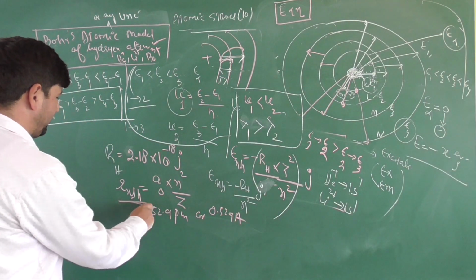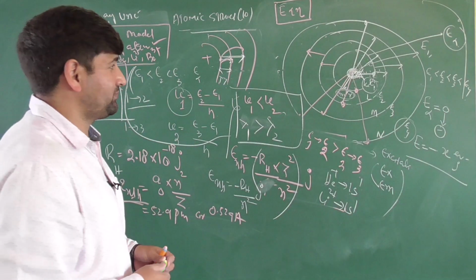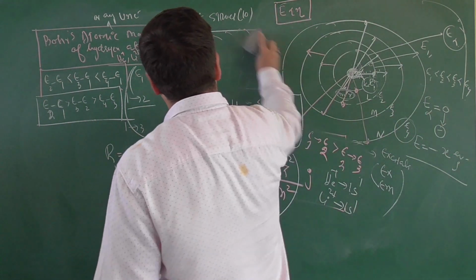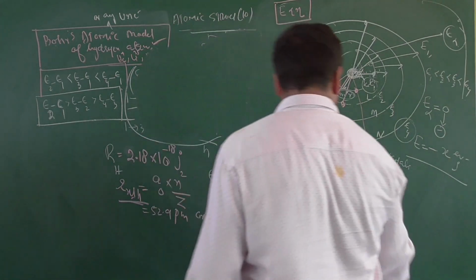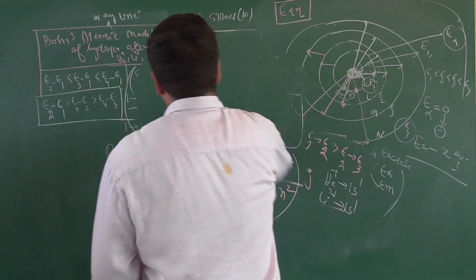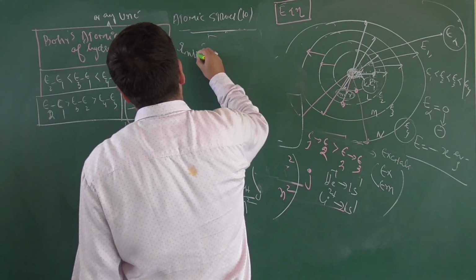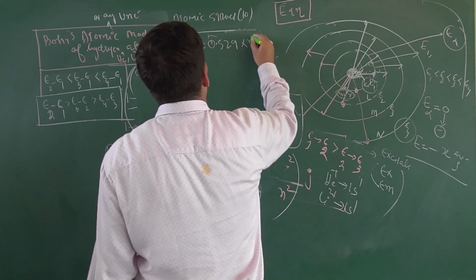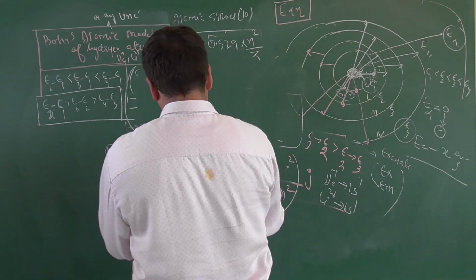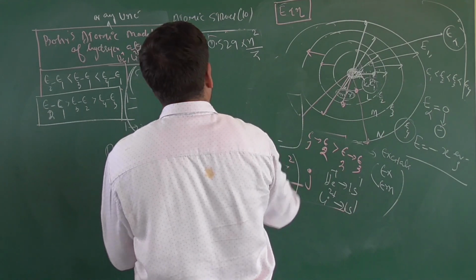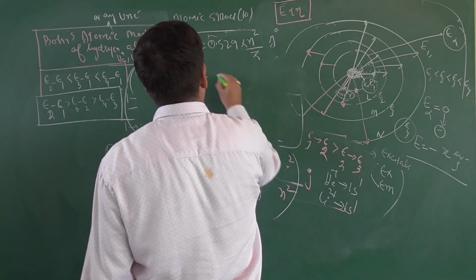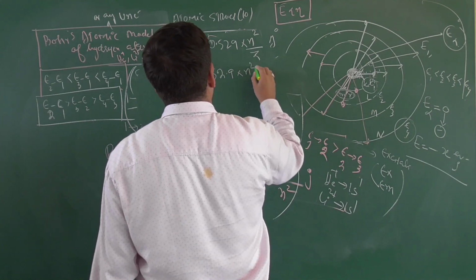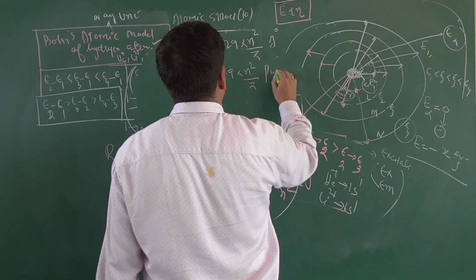So the radius of the nth orbital of hydrogen will be given by 0.529 into n square by Z angstroms, or 52.9 into n square by Z picometers.